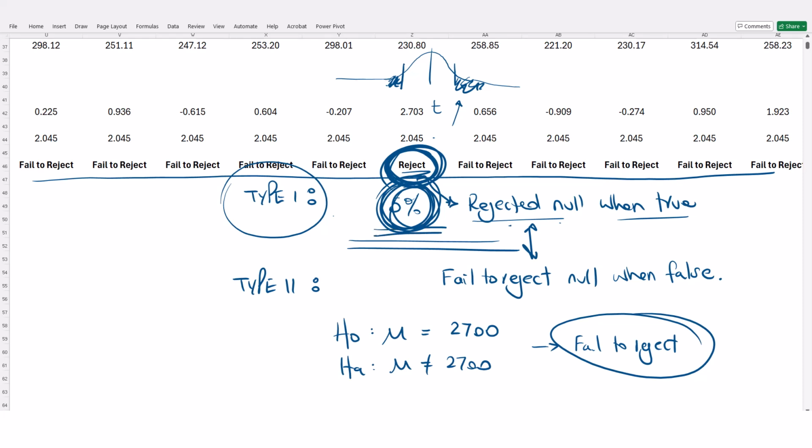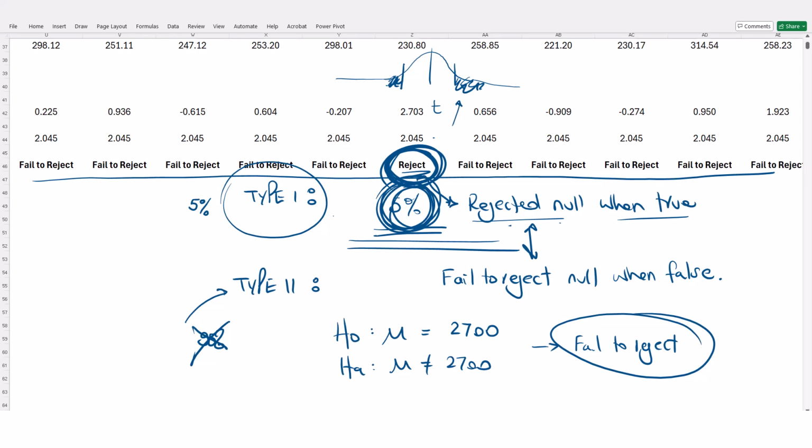Much more difficult to calculate the probability of a type 2 error. Not a calculation that's in the curriculum, so not something to worry about. But don't be sucked into saying probability of a type 1 is 5, probability of a type 2 is 95. That's nonsense. That would give you a 100% chance of an error, and the test would not be worth doing.